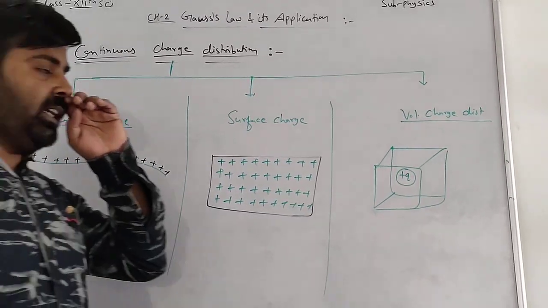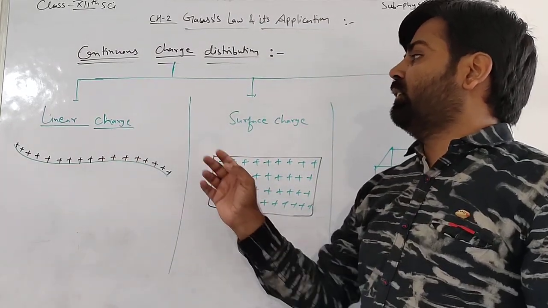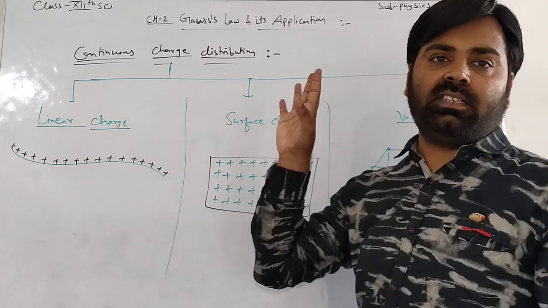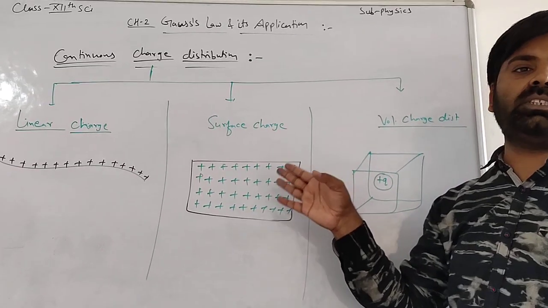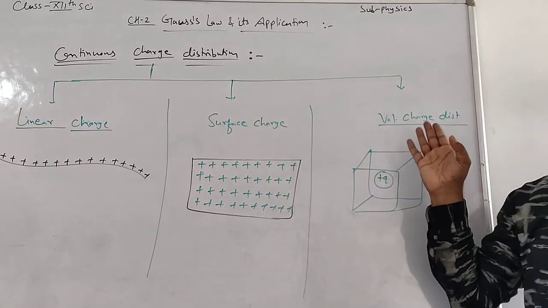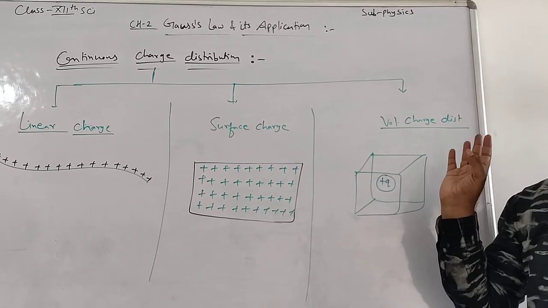So in linear charge distribution, the charge is distributed along the length of the conductor, in surface charge distribution the charge is distributed over its surface area, and in volume charge distribution the charge is distributed in its volume.